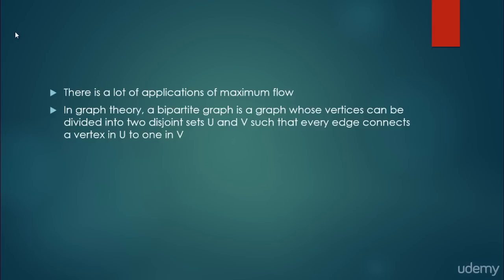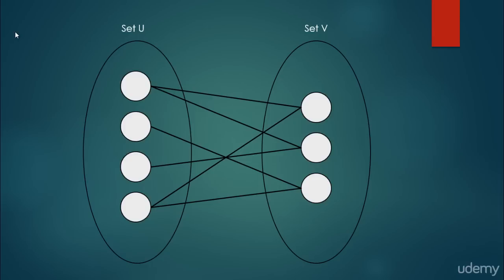In graph theory, a bipartite graph is a graph whose vertices can be divided into two disjoint sets U and V, such that every edge connects a vertex in U to one in V. So what does it mean? It means something like this. We have 4 nodes in the set U, we have 3 nodes in set V, and there are several edges.